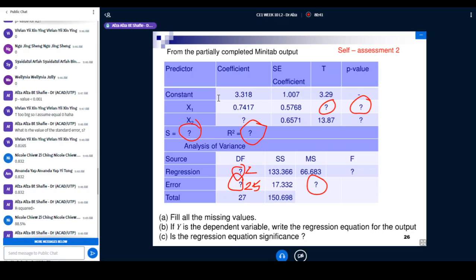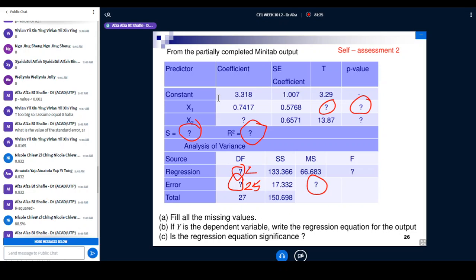Y hat equals 3.318 plus 0.7417 x1 plus 9.114 x2. Okay, so this is part B.